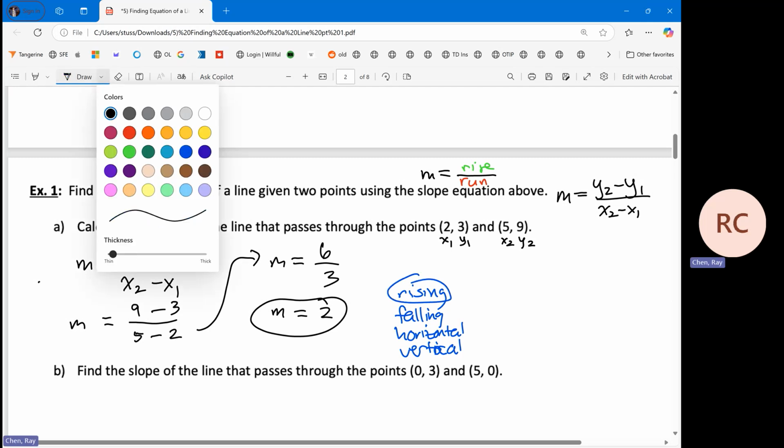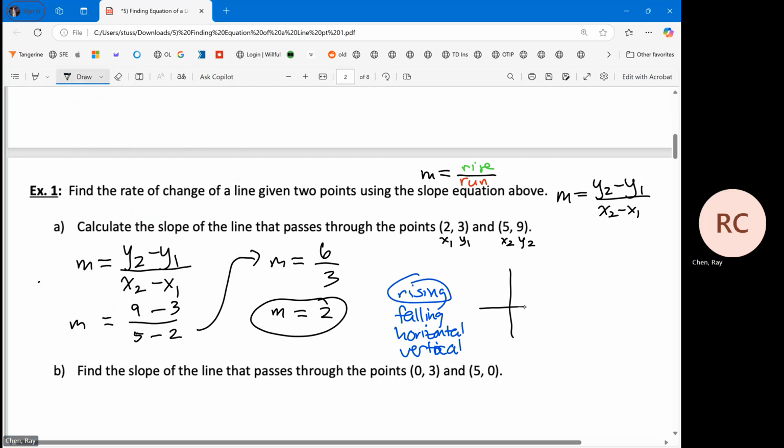Here's a small little sketch to prove that. I'm going to plot the first point, 2, 3, as follows. And 5, 9, and I should have made this a little bit bigger, so this is a little bit wonky. Like so.